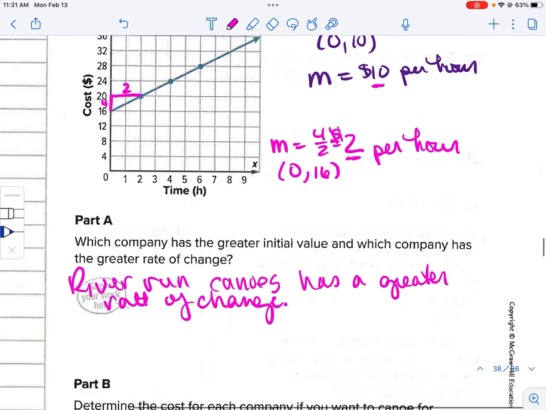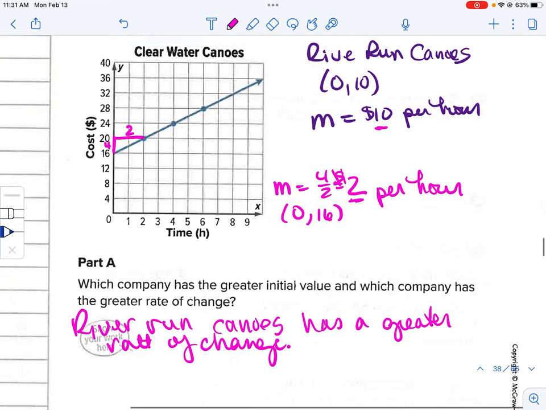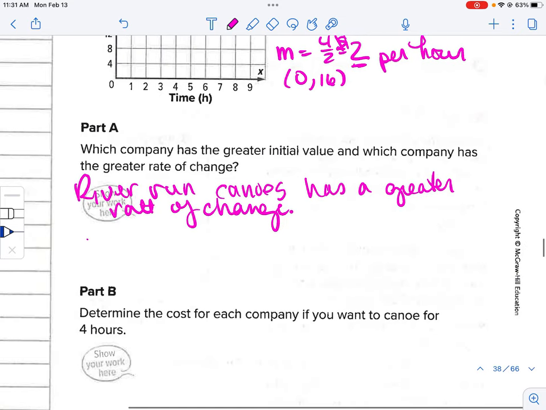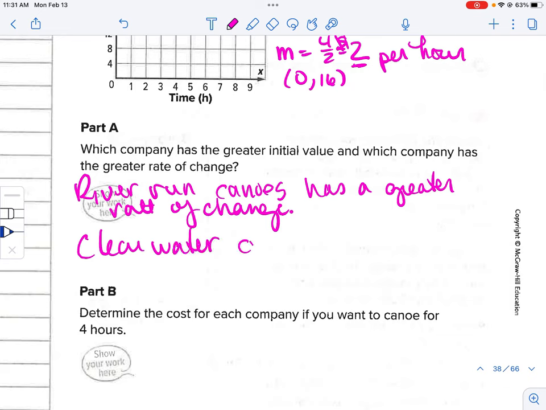Then let's look at the initial values. The initial values for Clear Water Canoes has a greater initial value.